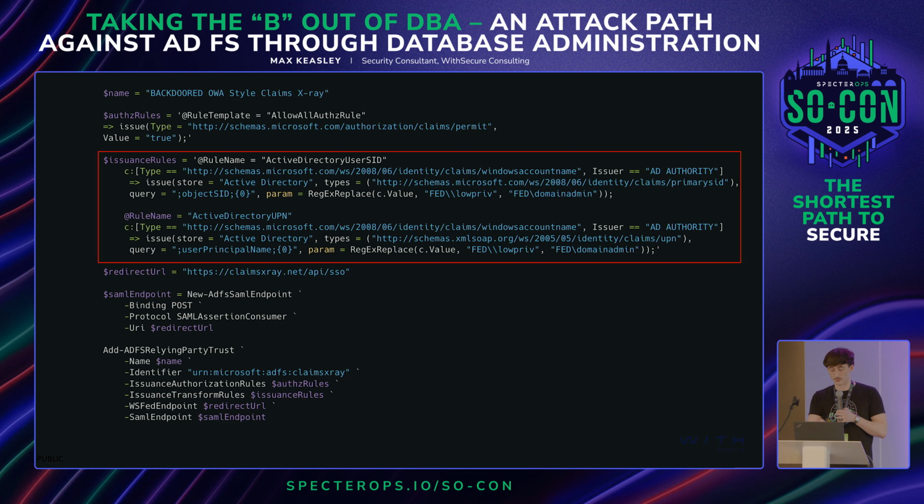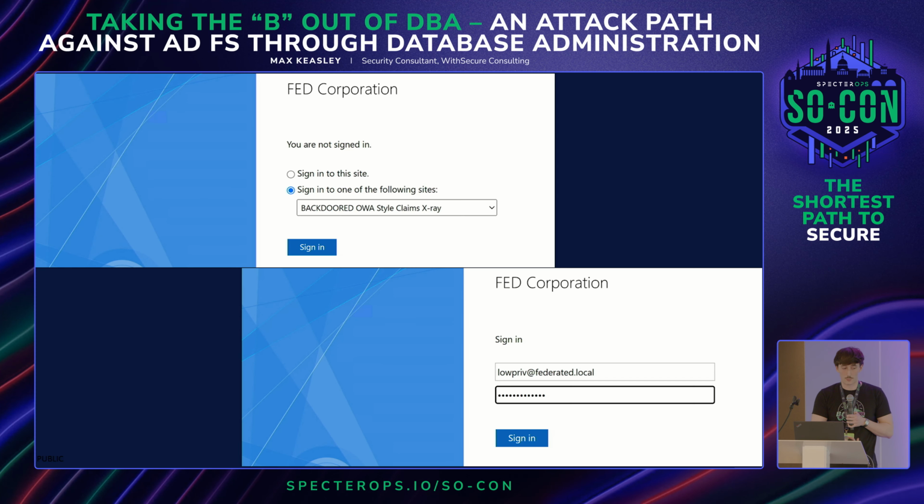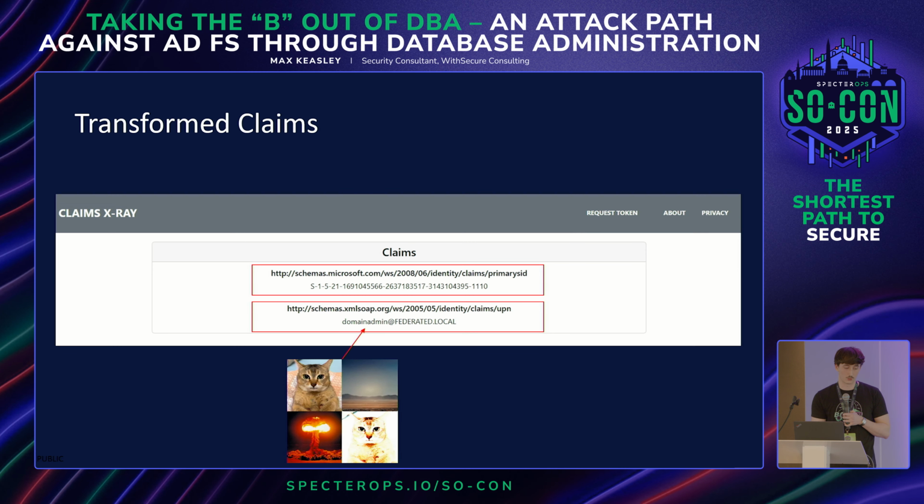So fed lowpriv, if that information is passing through as a claim, gets hot swapped out as fed domain admin. In this case, you can go to the IDP initiated sign-on page in ADFS. You can log in as lowpriv, and then you get logged in as domain administrator.